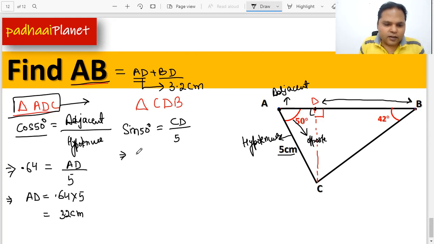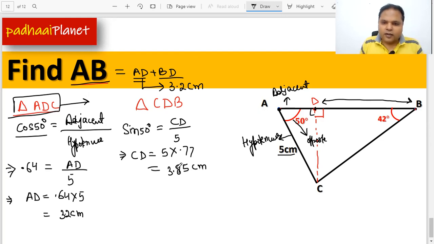Therefore CD is equal to 5 times sine 50 degrees, which from the calculator is 0.77. Doing the multiplication, that is 3.85 centimeters, right?